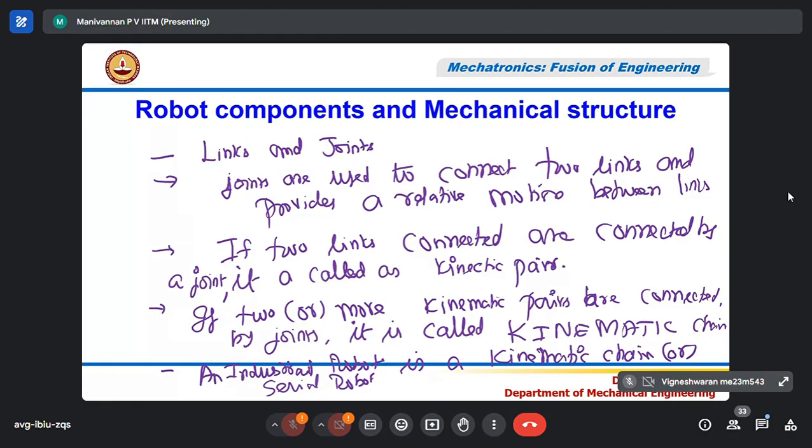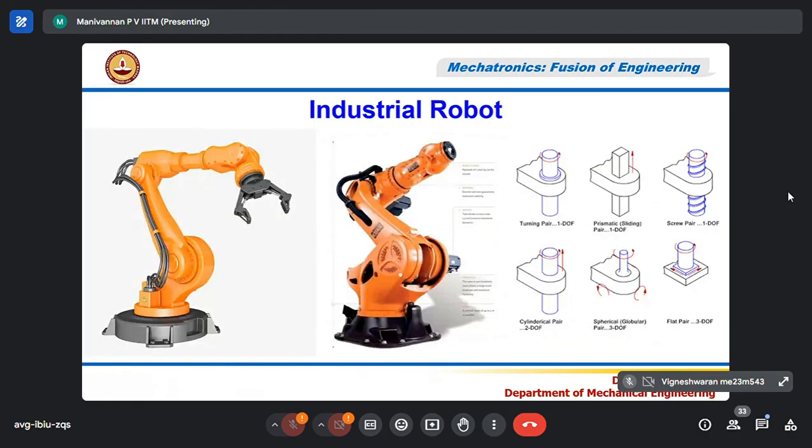Why? As I told you in the previous diagram, this is one kinematic pair, I say K1. This is the second, K2. This together is called K3, and it is connected to the wrist mechanism and end effector. Again, you can see that this is also one kinematic pair. There are three kinematic pairs.